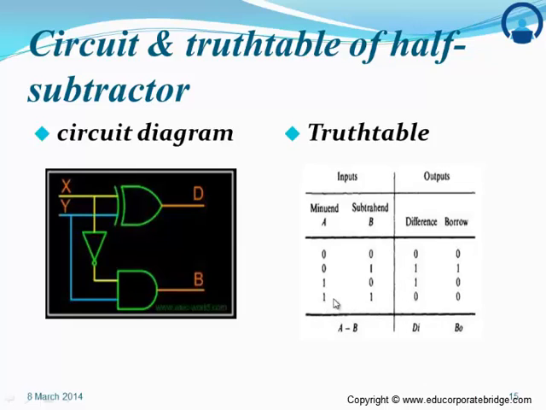Similarly, for the last one, 1 1, 1 minus 1, the difference is 0, and since the minuend and subtrahend are both equal, there is no borrow, so we write 0 here.